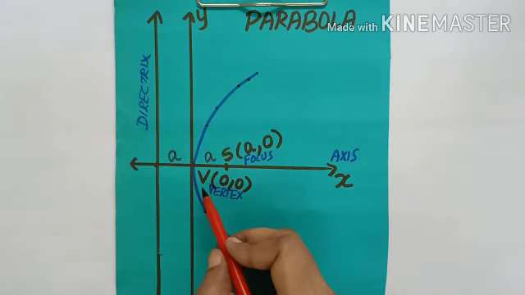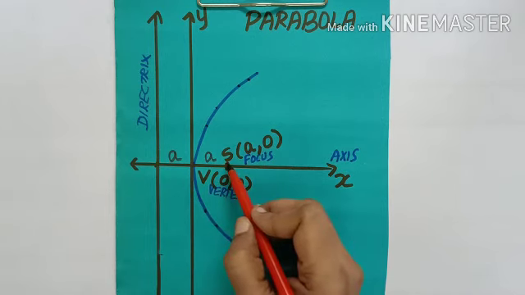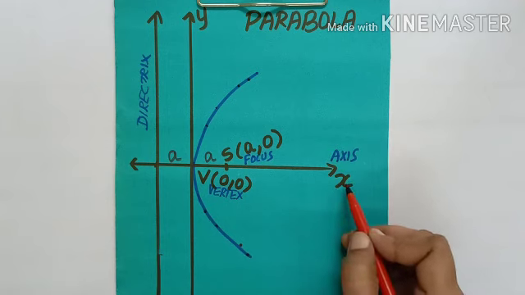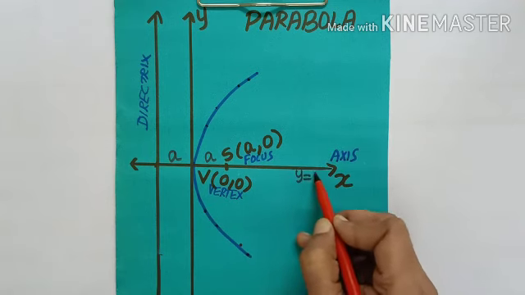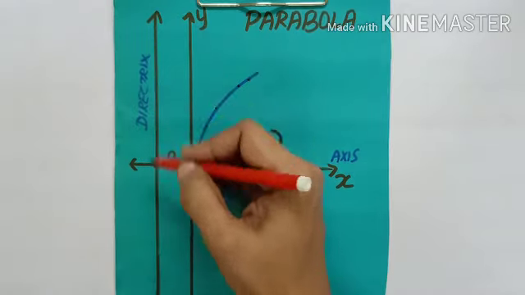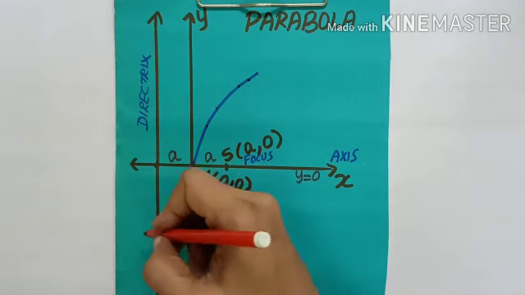Now we know what is a vertex, 0, 0, what is a focus, a, 0, and what is the axis: x-axis. I say y equal to 0 is the equation. And what is the directrix? This is 0, 0. This is to the left of it.